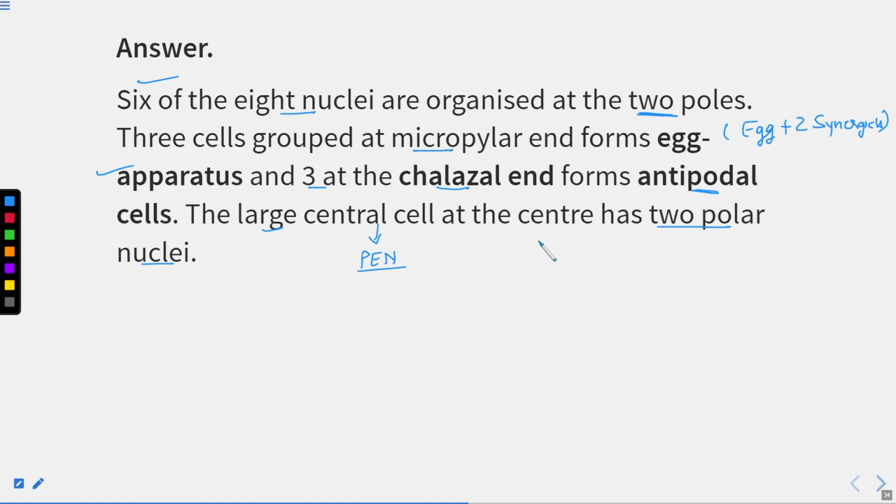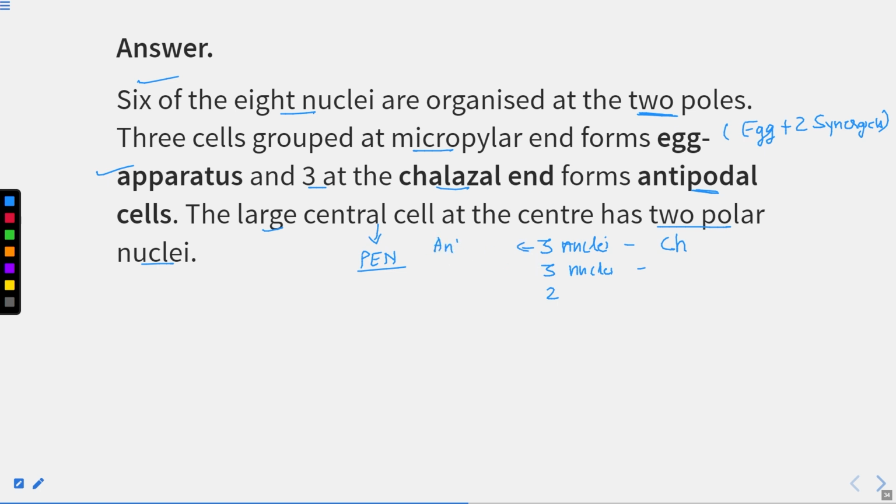So in total, you can say 3, 3 and 2. If you talk about the nuclei, 3 nuclei are present at the chalazal end, where I'm writing CH, the antipodal cells.